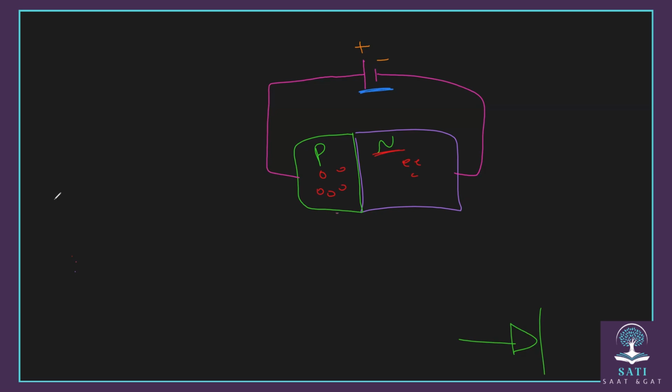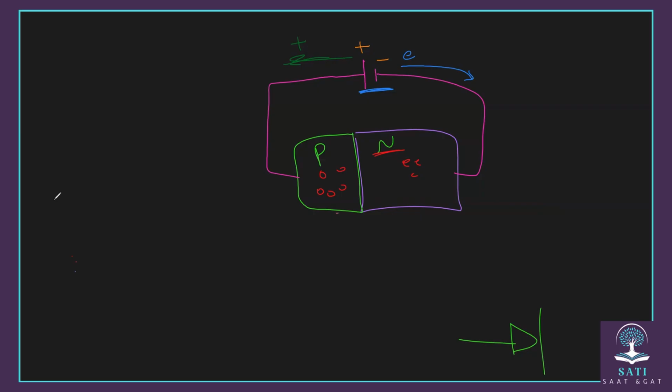Keep it in mind: the electrons will move from the negative pole, this is their direction. But if we are talking about the conventional current, its direction is from the positive side. That means they move this way, which is the gaps or the positive charges.